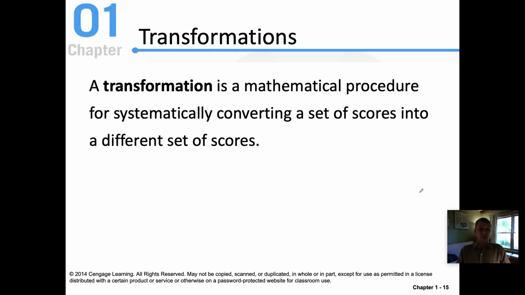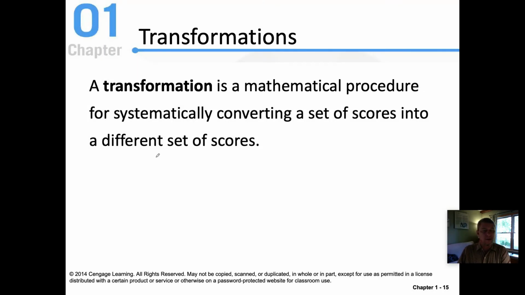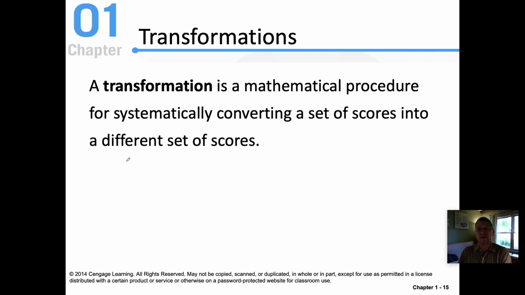Now, transformations. These are mathematical procedures for systematically converting a set of scores into a different set of scores. So let's say your teacher gives you quizzes that are worth 50 points and tests that are worth 100 points.